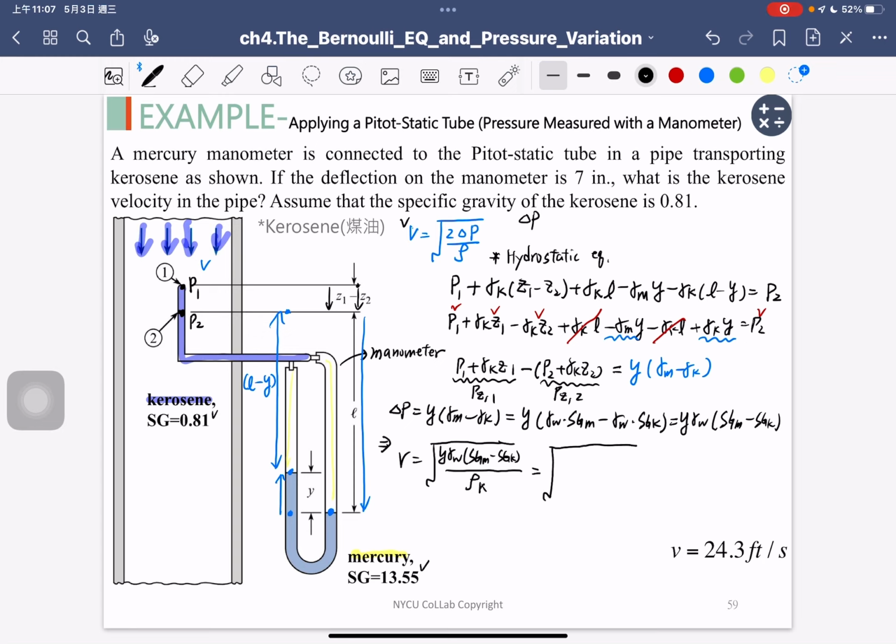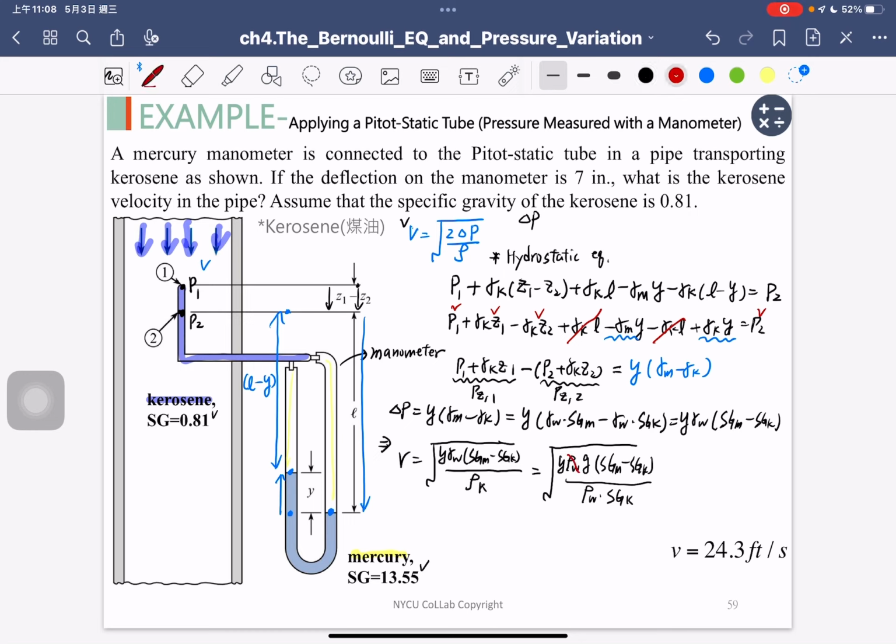We don't have the kerosene density, so the gamma w I rewrite as rho w g, and SGn minus SGk. And we don't have rho k, but I know that rho k is equal to rho w times SGk.